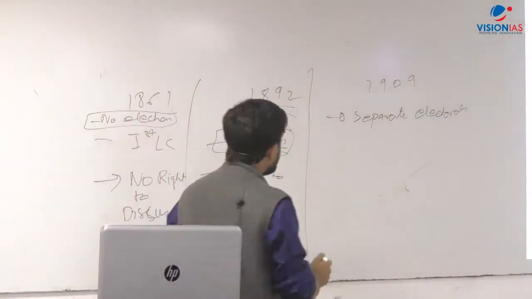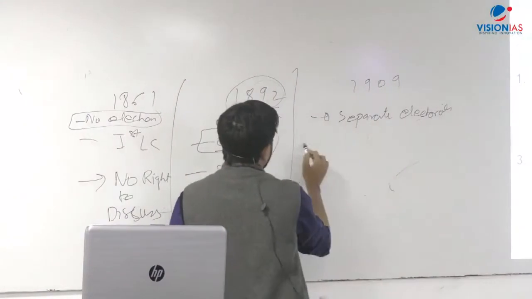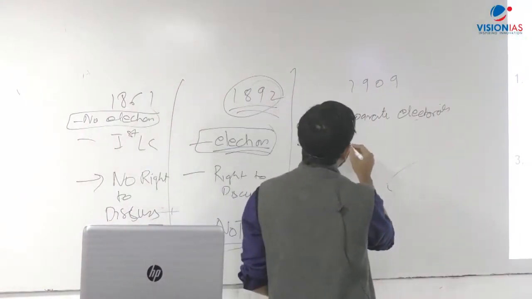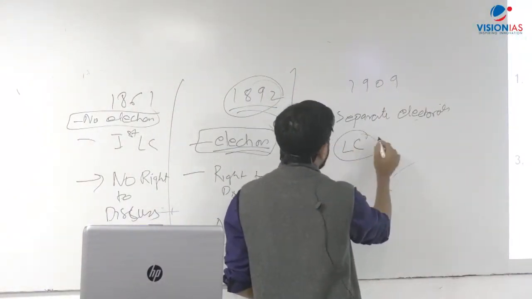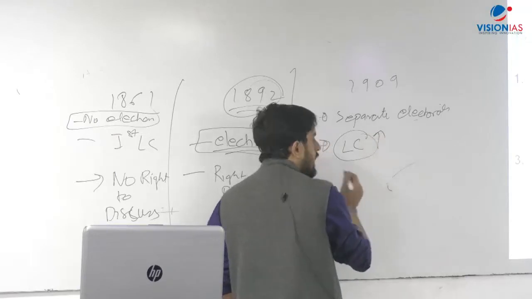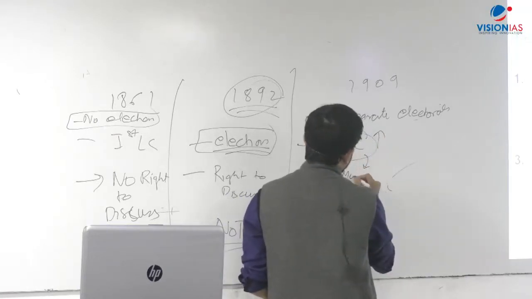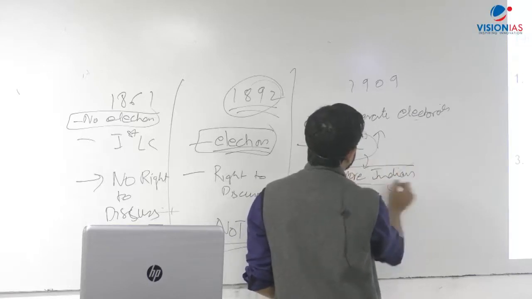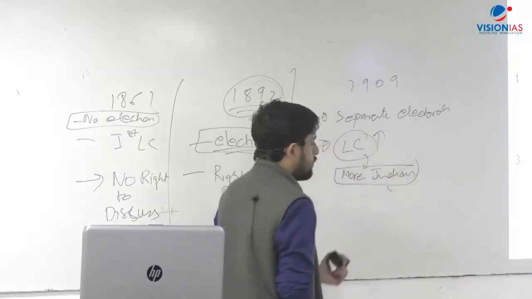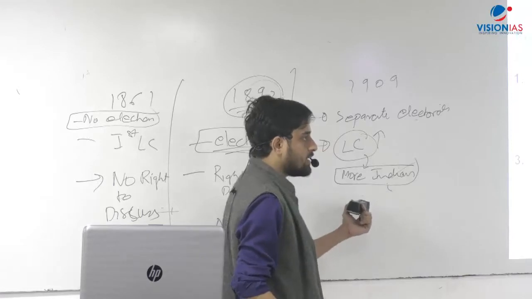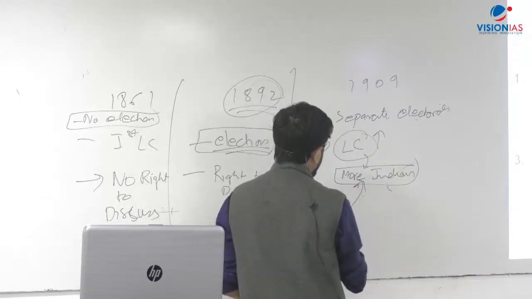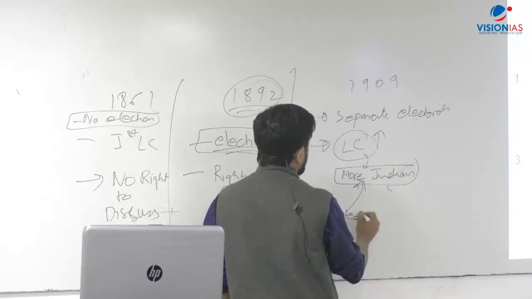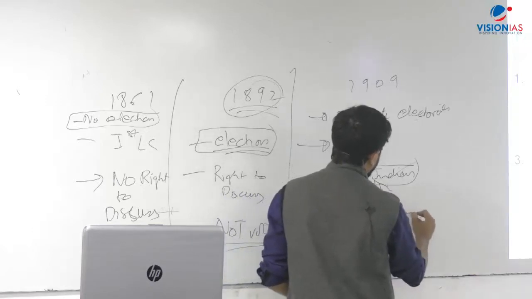Now, also, as I told you before, as compared to 1892, at both the central level and the provincial levels, the size of the Legislative Council was increased and more Indians were brought within them. When I am saying more Indians, these Indians were both elected and unelected.